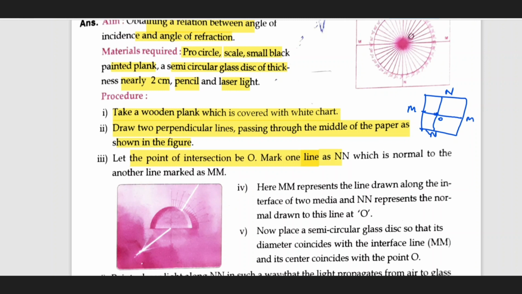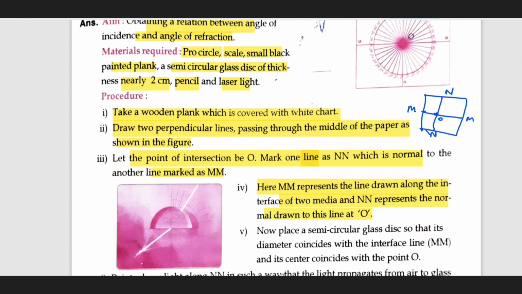Mark one line as NN, which is normal to the another line marked as MM. So you can see here the horizontal line is MM, the vertical line is NN. Here MM represents the line drawn along the interface of two media and NN represents the normal drawn to the line at O.